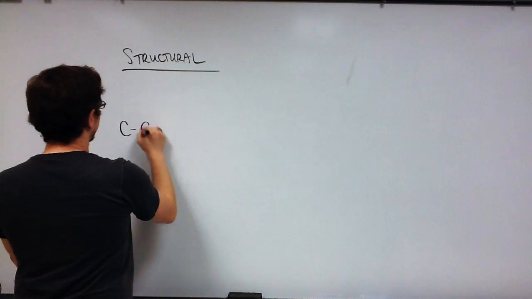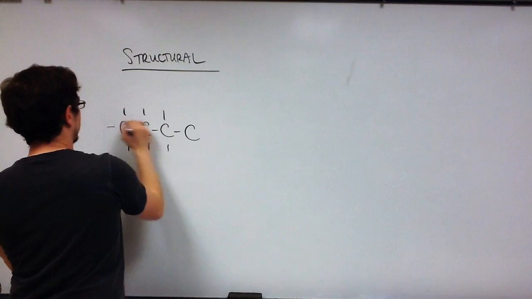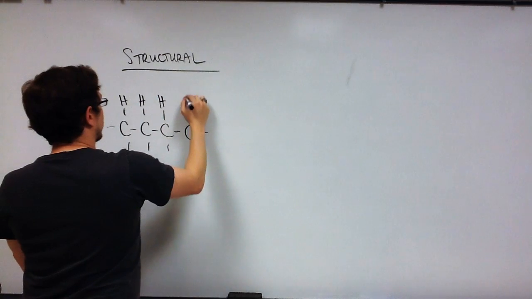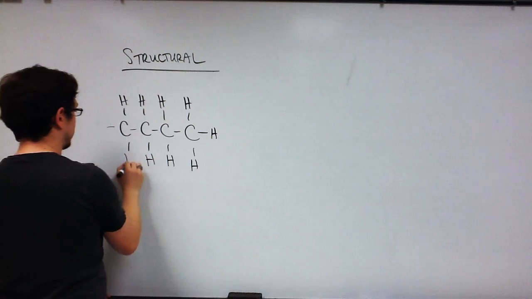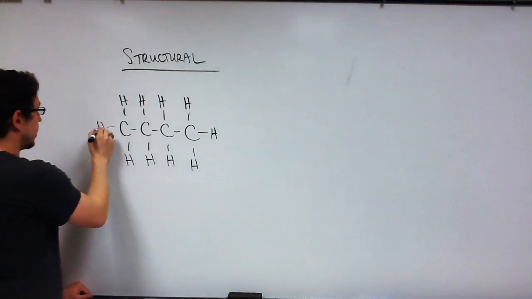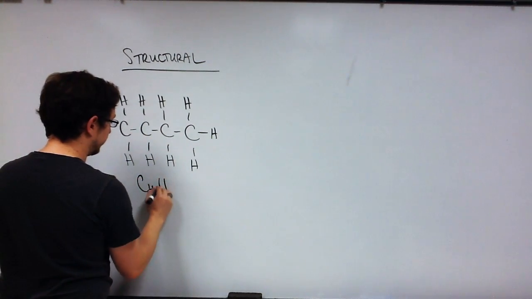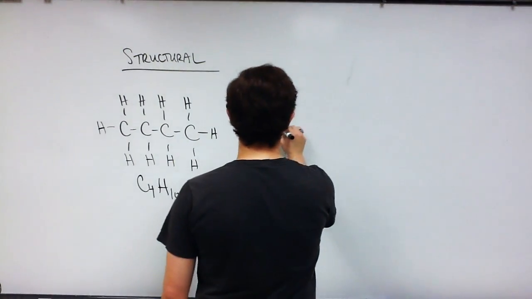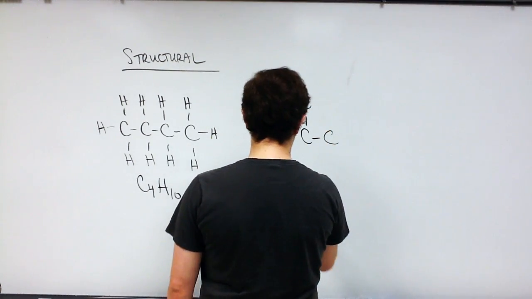So for example, if I look at butane, so here I have butane, and I've got 4 carbons and 10 hydrogens. And now I look at isobutane. Again, I've got 4 carbons.